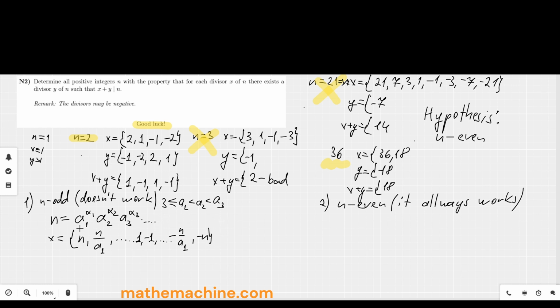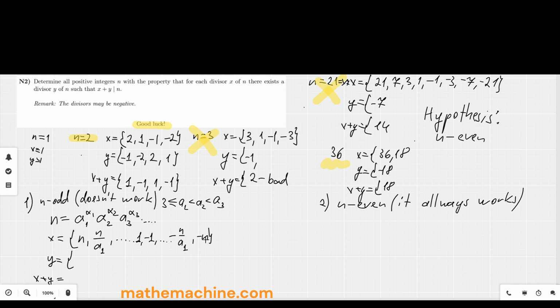Right. Now let's try to get y such that for x plus y it would work. Again, we need n negative and as great in absolute value as possible. So for x plus y, we want this number to be very small.